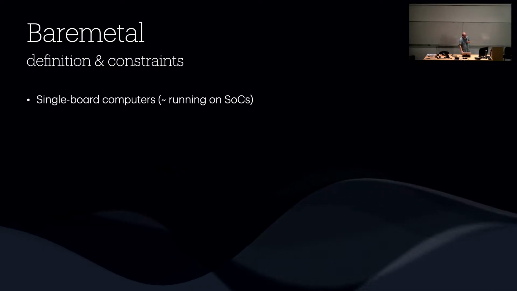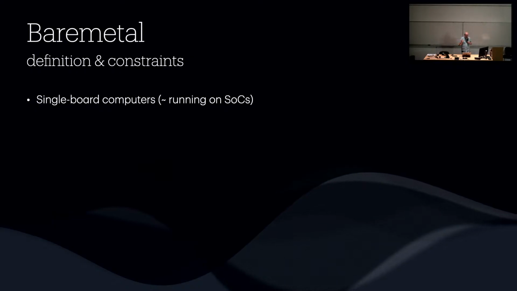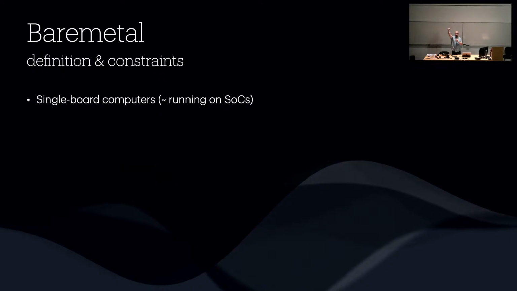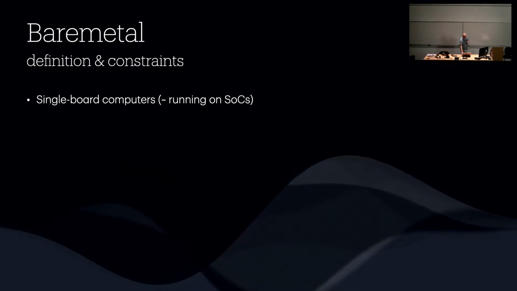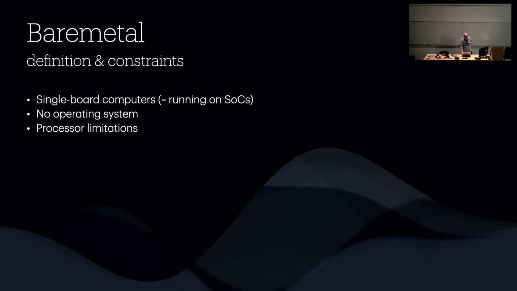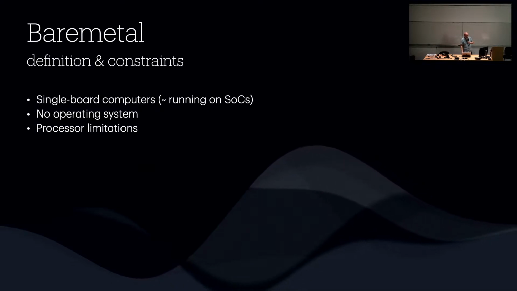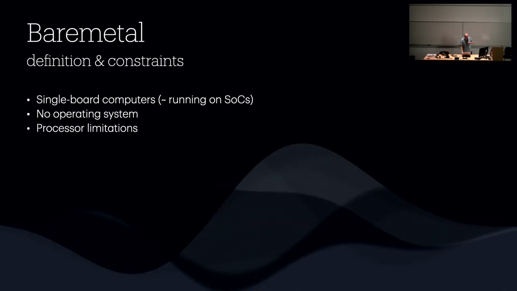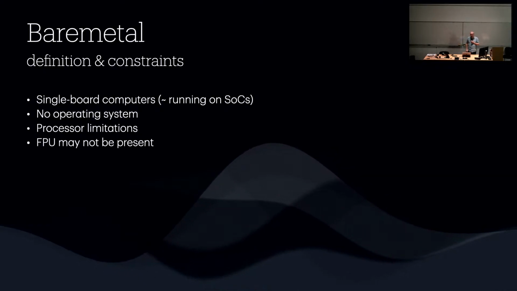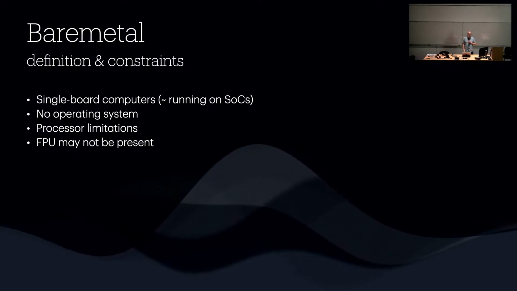So bare metal is basically defined as SoCs, really single board computers, like this thing here. No operating system, of course. Processor limitations, but not that many. I mean, actually, you can run stuff on it. An FPU may not be present. Thankfully, these have FPUs, so we don't need to worry about that.